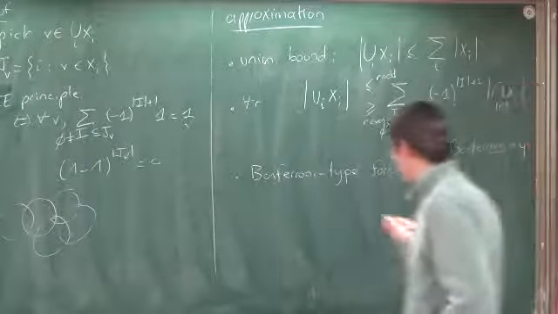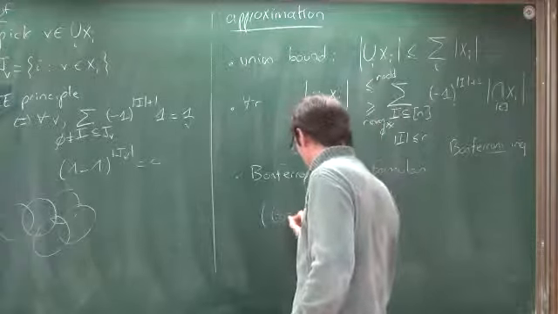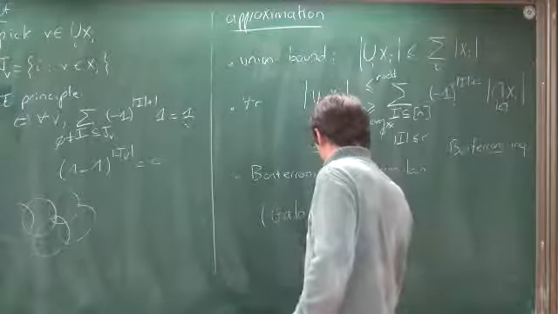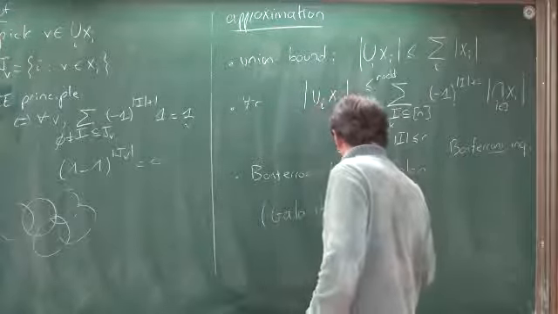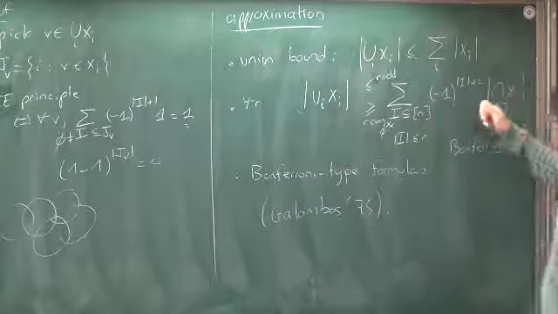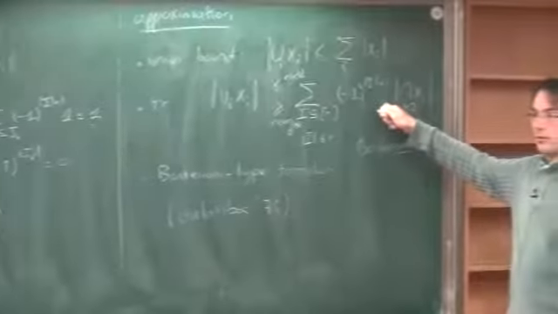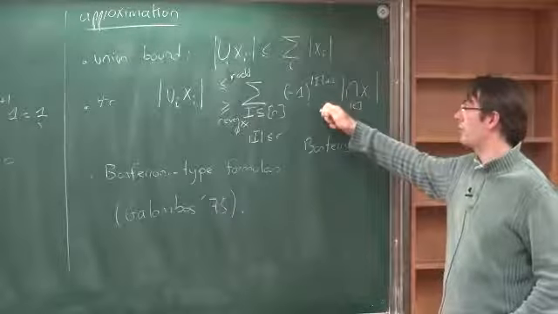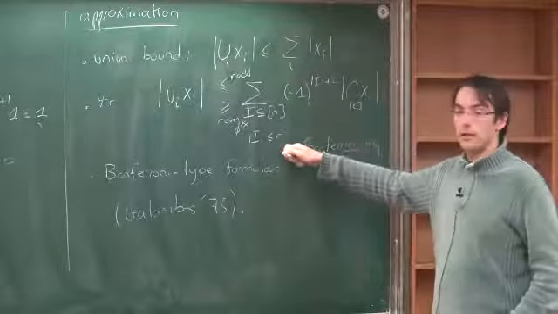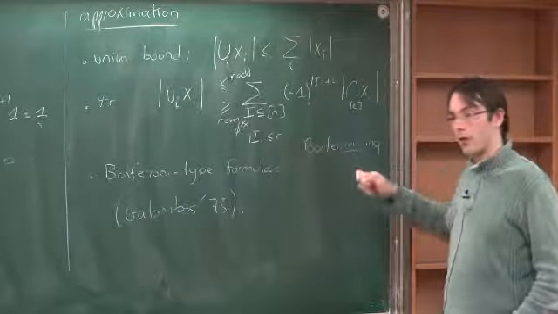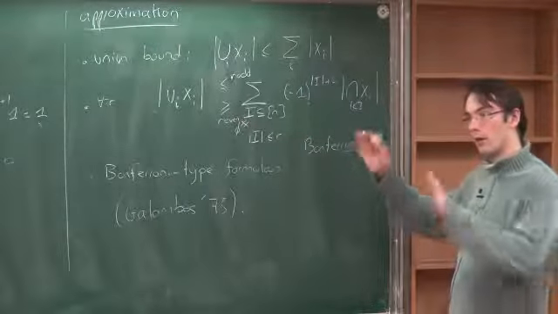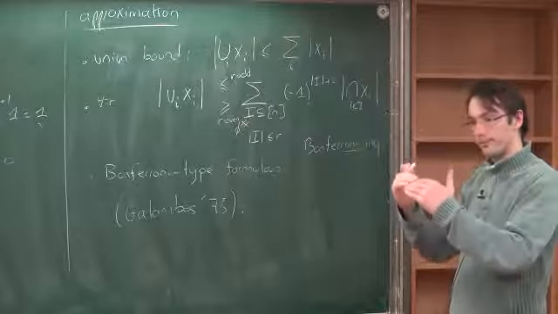For example, there is one due to Galambos, 1975, which says that if you multiply the coefficient of the term with maximal cardinality by r plus 1 over r, so you make the coefficient smaller.